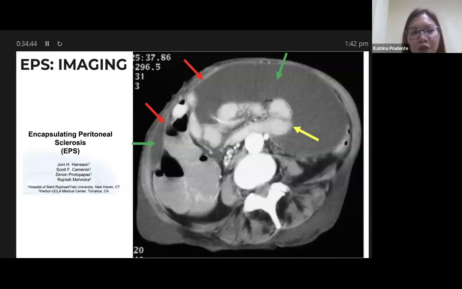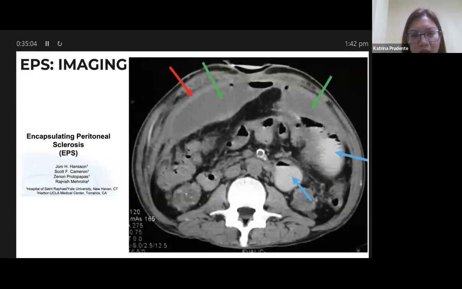This is a sample of the imaging which could be seen in patients with EPS. So the red arrows show the thickened enhancing peritoneum. The green arrow shows loculated fluid collection, and the yellow arrows show the tethered small bowel loops. Another image shows blue arrows showing the dilated and thick-walled loops of small bowel filled with fluid and oral contrast.